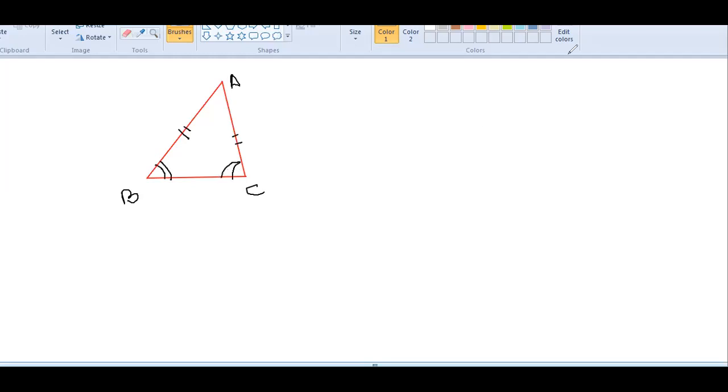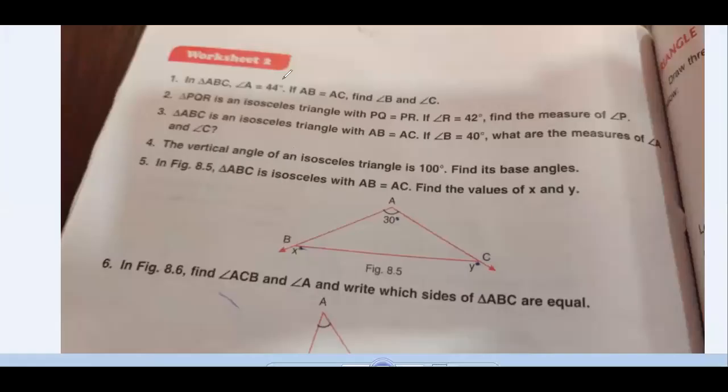So same way we can do that. Angle A is 44 degrees. Suppose this is a triangle, so this is isosceles because AB equals AC. So these two angles will also be equal, right?